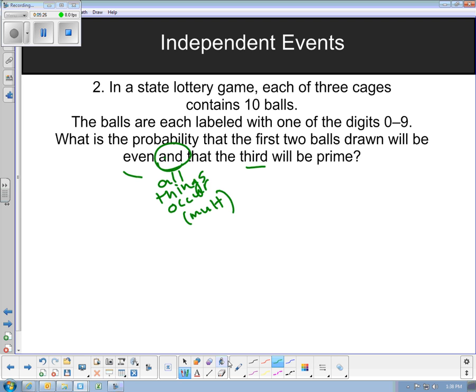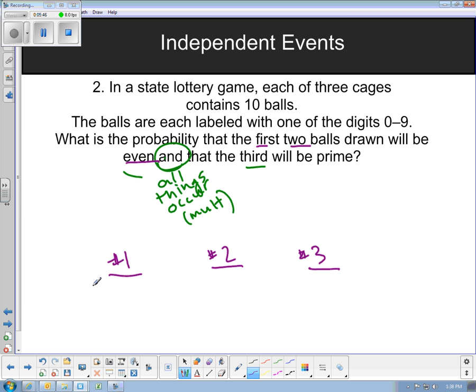So now I need to think about how many things I want. I'm picking out 3 different balls from 3 different cages. So I have number 1, number 2, number 3. It says that the first 2 are even.